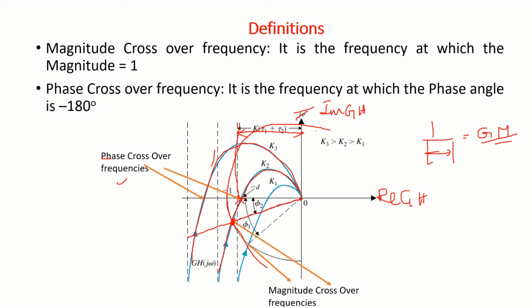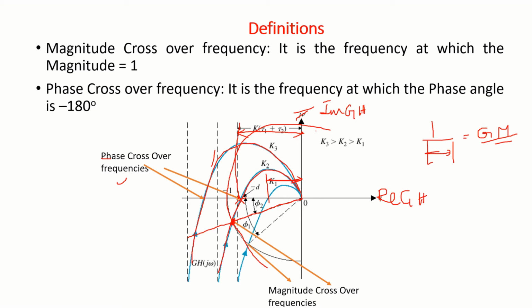If this value is smaller, then 1 by the smaller value is a larger value. So the larger the gain margin, the farther away it is from -1 plus j0. Suppose I get 0.01, then 1 by 0.01 is 100.